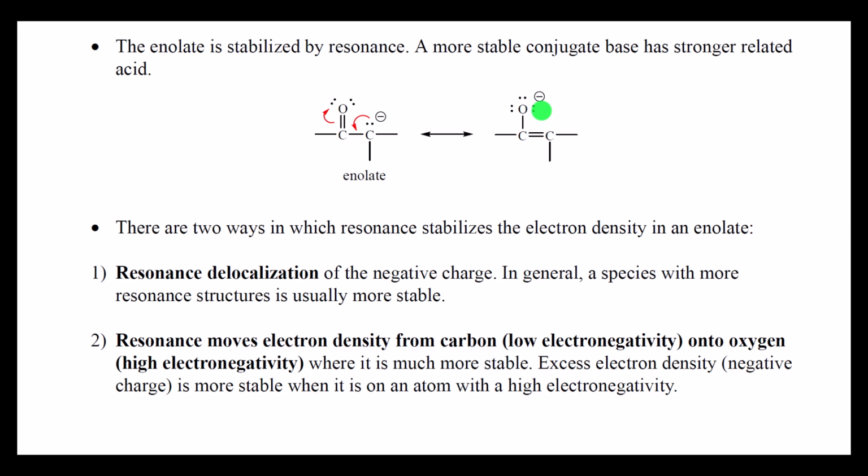Therefore, that really helps stabilize that additional negative charge. So the combination of these two features make this much more stable than it would be if the negative charge and the lone pair were isolated on a carbon and unable to do resonance or delocalize.